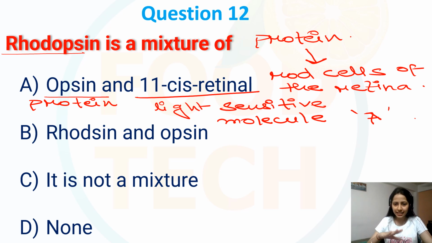Rhodopsin is a mixture of opsin and 11-cis retinol. So option number A is my correct option.